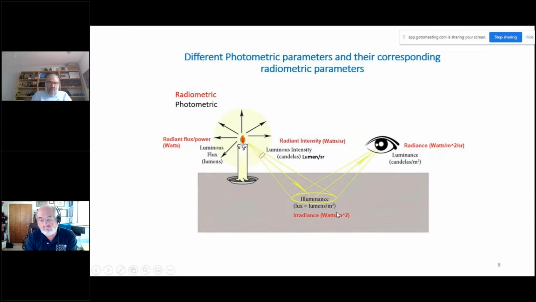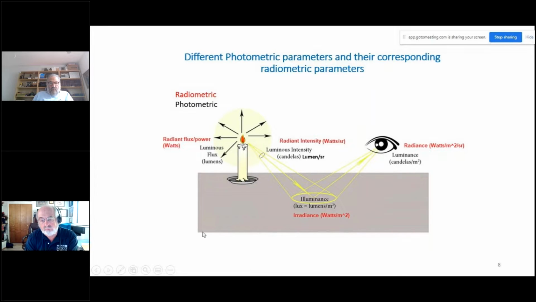The amount of lumen per meter squared would give you the illuminance, which is called lux. And if you look at it with your eye at an angle, then there's this cone that is defined here. If you divide the lux per steradian, that will give you luminance. So luminance is lumens per meter squared per steradian, or you can call it candelas per meter squared.